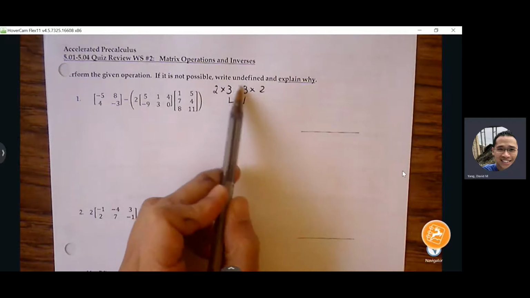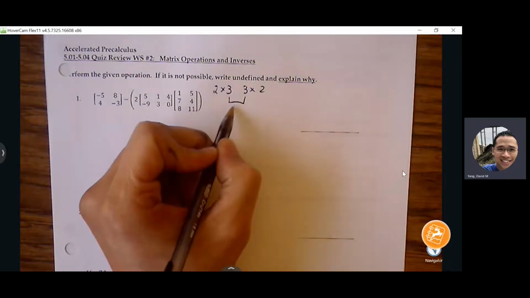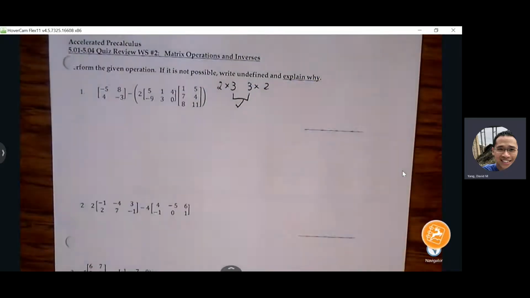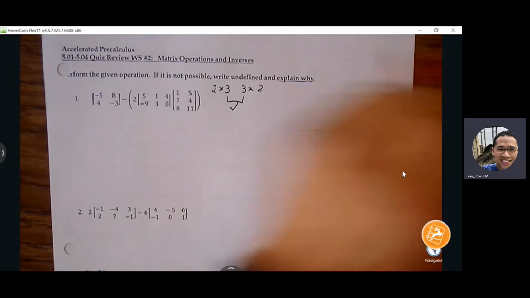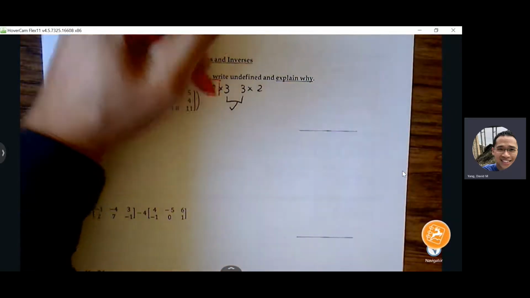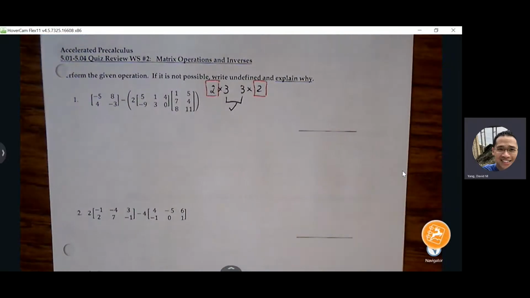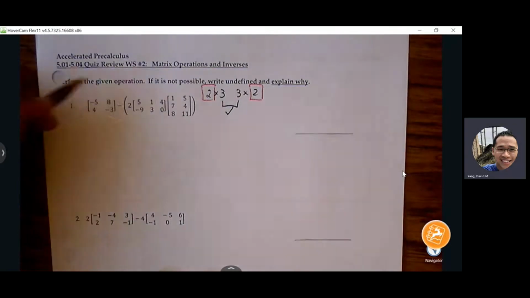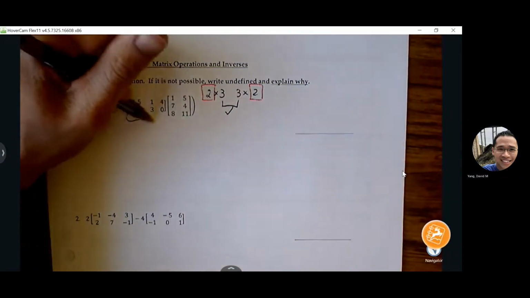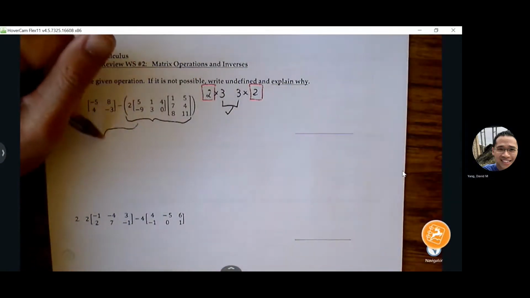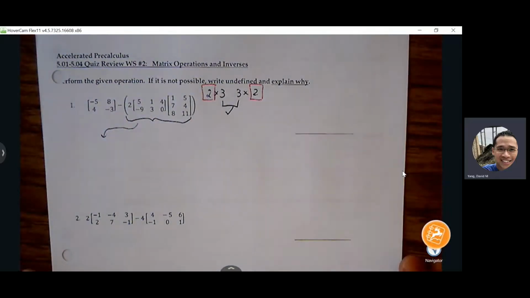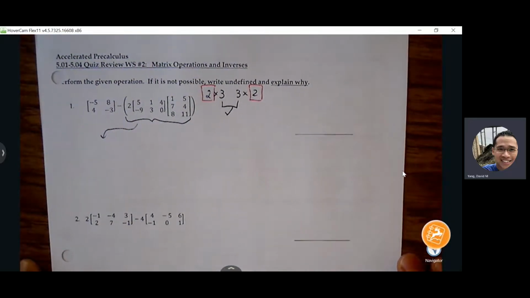As long as your inside matrix dimensions are alike, you know you can move forward, and then your resulting matrix is going to be a 2 by 2. We're just going to focus on the multiplication portion of this.